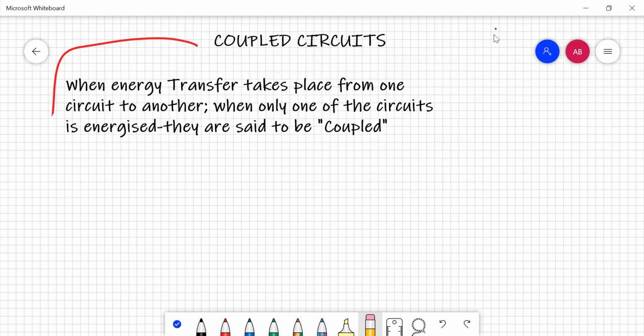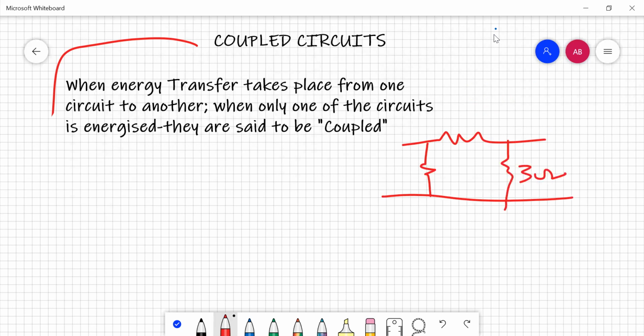So let's say that you are given a circuit like this, a pi circuit has been given to you. So this is 3 ohms, this is 2 ohms, this is 5 ohm. It is the same as we did in our Z parameter. So this is your V1, I1, V2, and this is your I2.